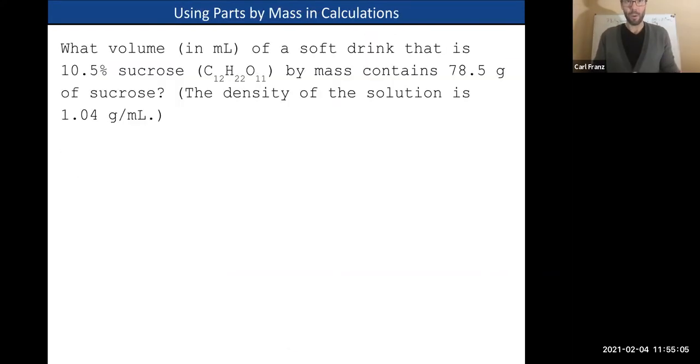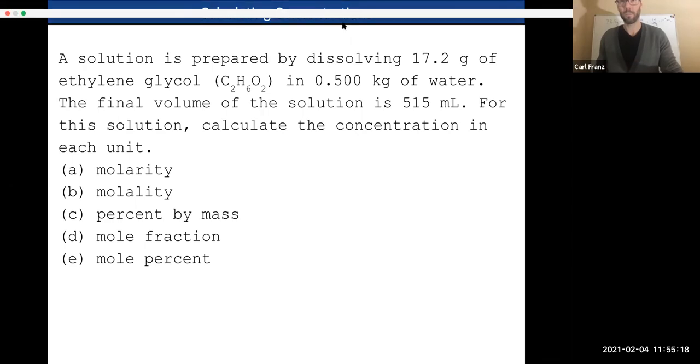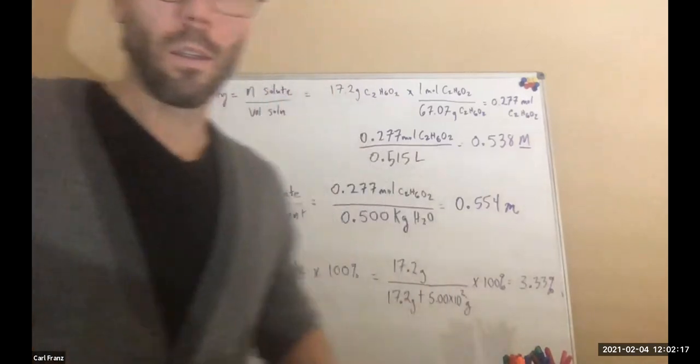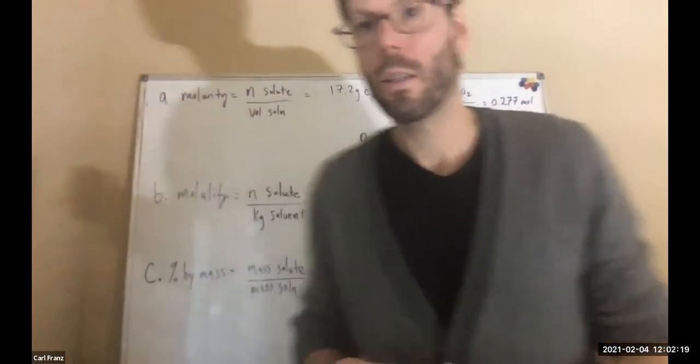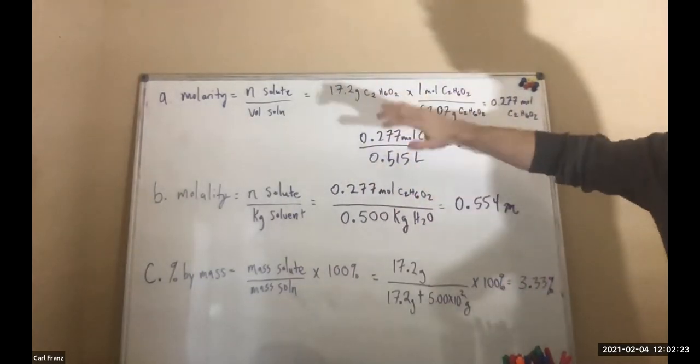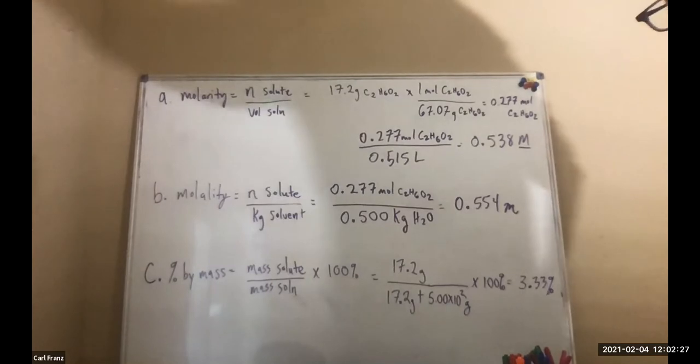So use those tables, and then see how you can express 17.2 grams of ethylene glycol in 0.5 kilograms of water in these different terms. Okay, so I've written it out as A, B, and C, and then I ran out of board space. So we'll do those first three for starters.